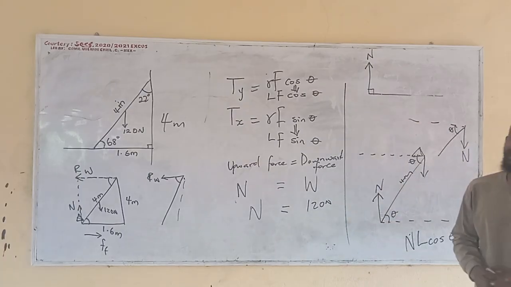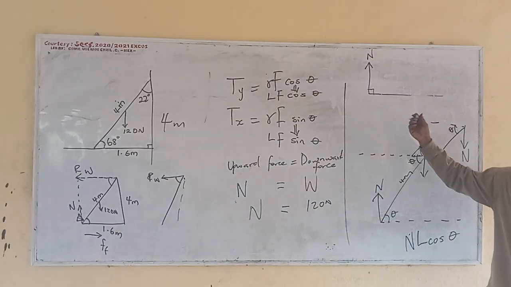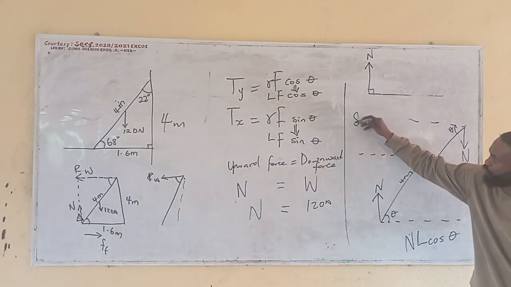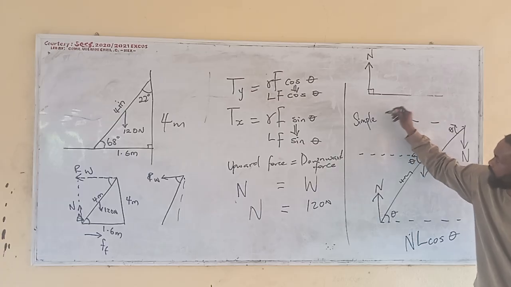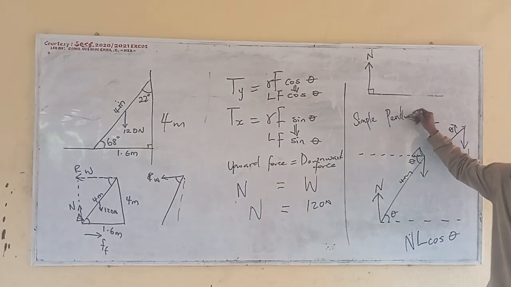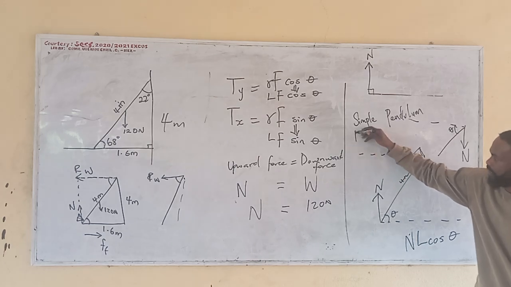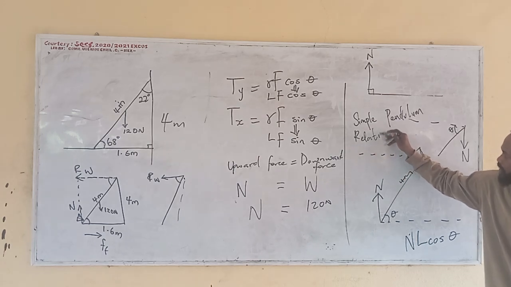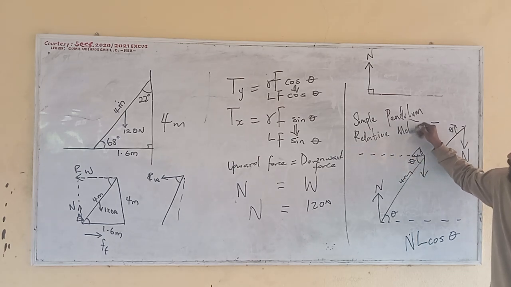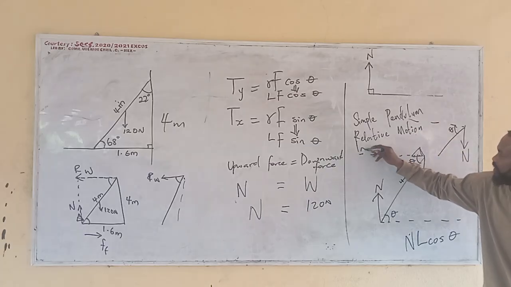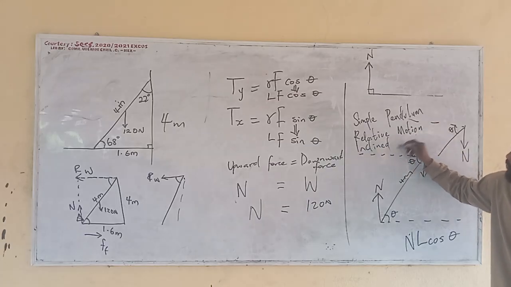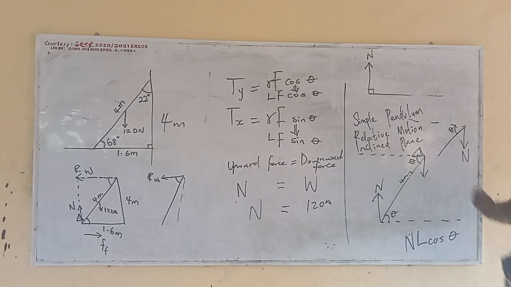Very simple. Another way to remember it is this: once it is a simple pendulum, once it is relative motion, once it is an inclined plane, we'll still do inclined plane under dynamics.